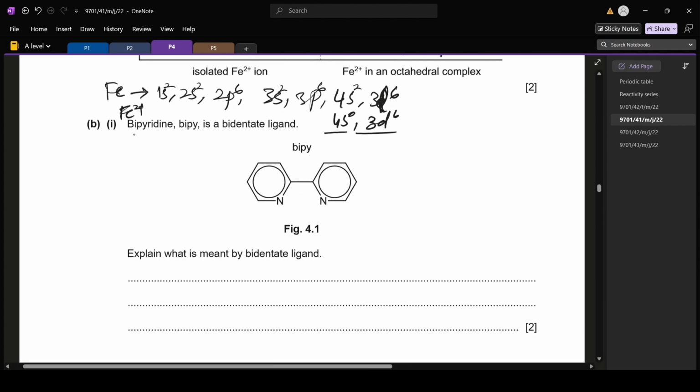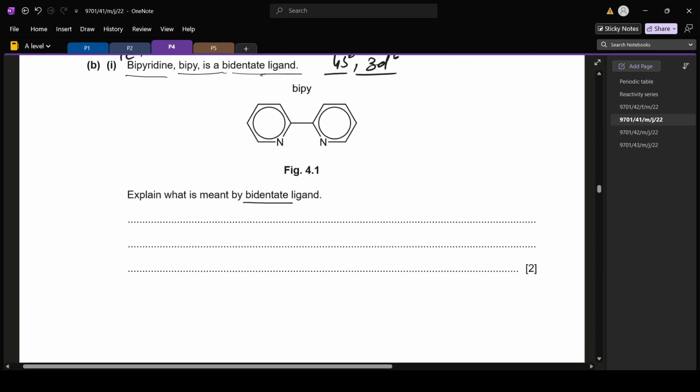Part B: bipyridine is a bidentate ligand. Explain what is meant by bidentate ligand.